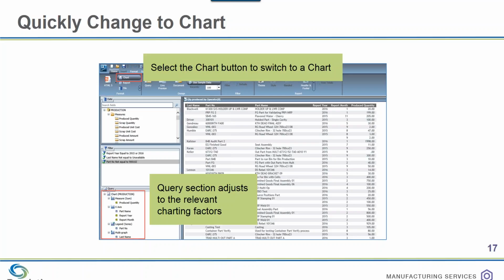What selecting the chart option does is it takes all of the elements that I've refined and put into my report and moves them into the query pane down in the lower left corner, so it's attempting to build a chart that I'm after based on those elements.